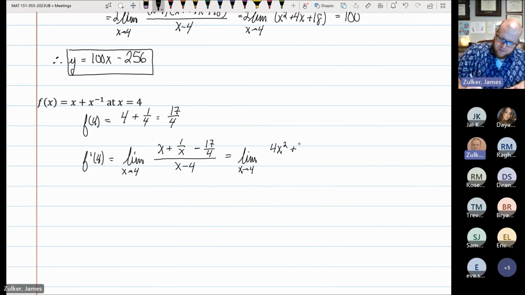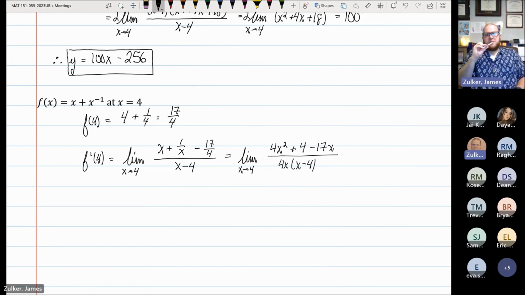For x squared plus 4 minus 17x, all over 4x times x minus 4. Rearrange some terms. So I'm going to write that as minus 17x plus 4 instead, just to make it standard.